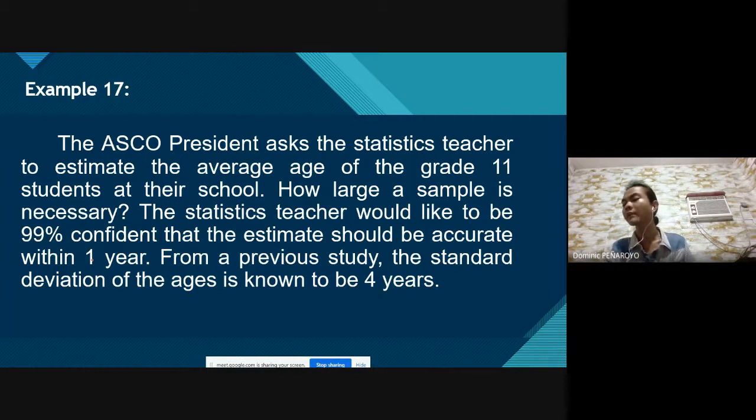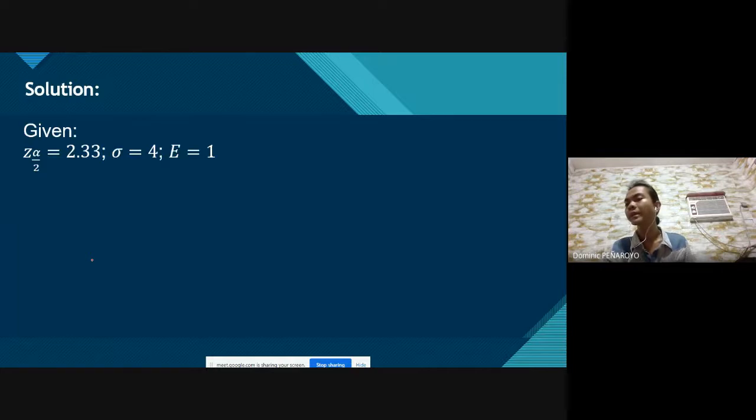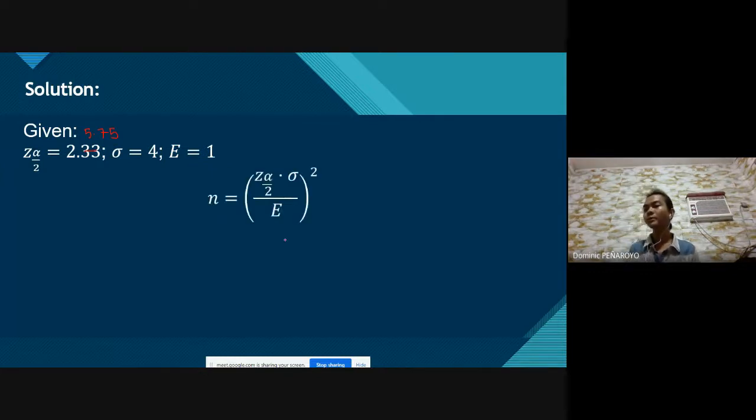Okay, so we already have all the given. So again, 2.575. Okay, so this is our formula for the sample size. N is equal to Z alpha over 2 times sigma all over E, squared. So substitute lang natin 2.575 times 4 all over 1 squared.